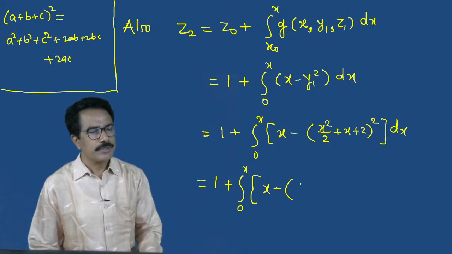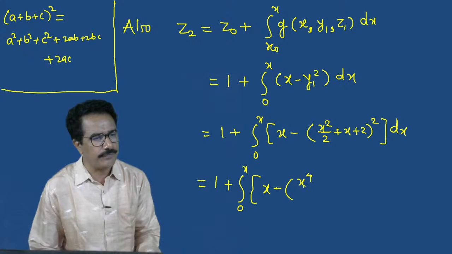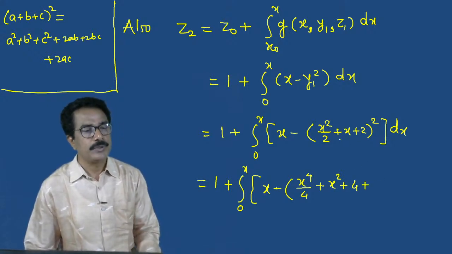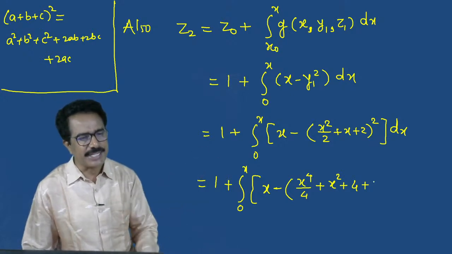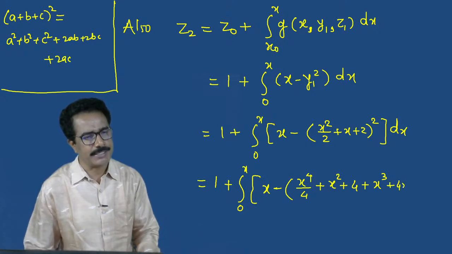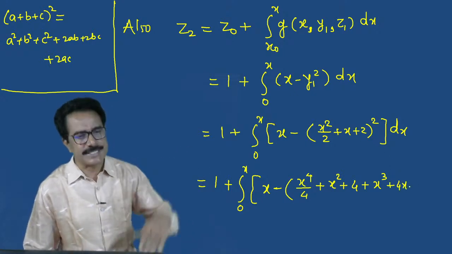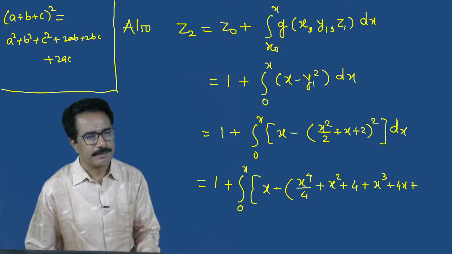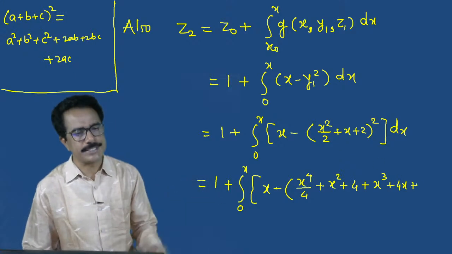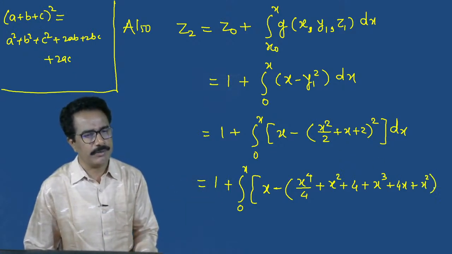By using this, a square means x raised to 4 by 4, b square means x square, c square means 4, plus 2ab means x cube, plus 2bc means 4x, plus 2ac. Is it correct, student? See, 2ac means x square, okay, capital bracket close dx.